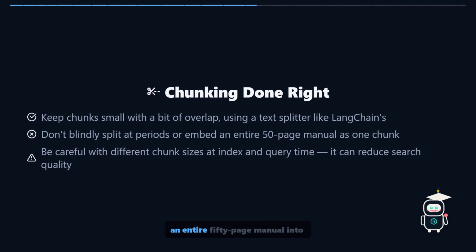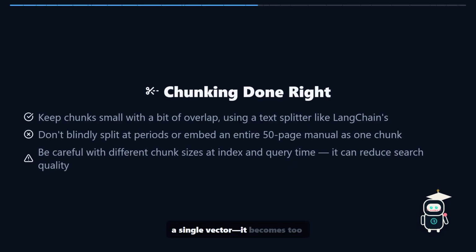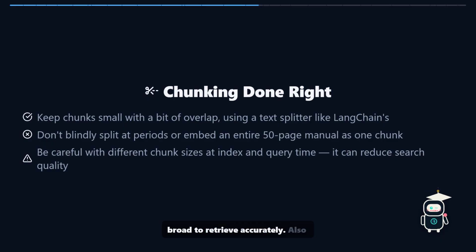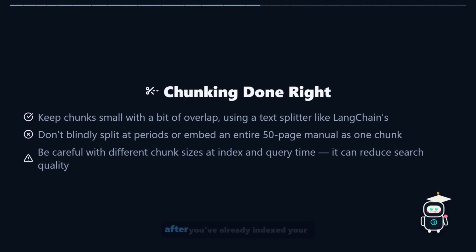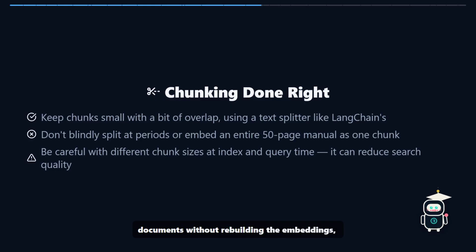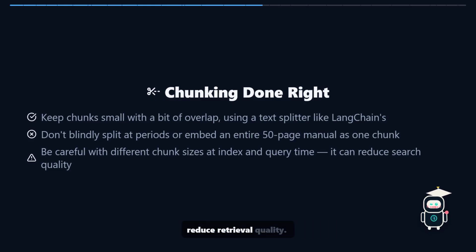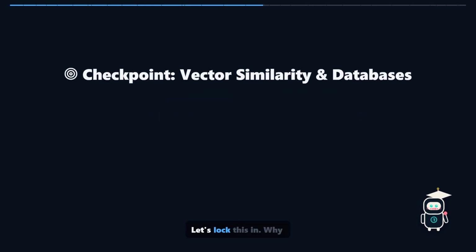Avoid embedding an entire 50-page manual into a single vector. It becomes too broad to retrieve accurately. Also avoid changing your chunking strategy after you've already indexed your documents without rebuilding the embeddings, because inconsistent chunks can significantly reduce retrieval quality.